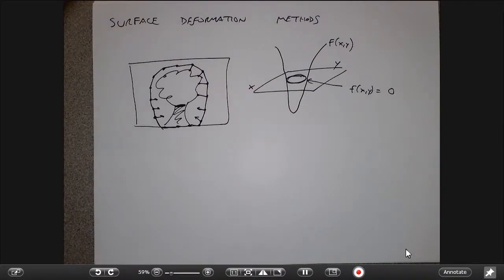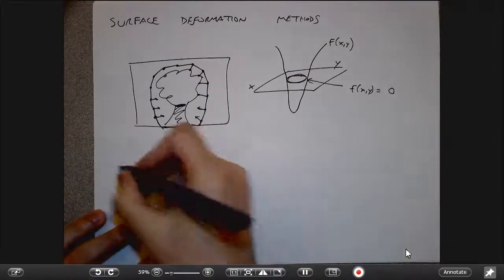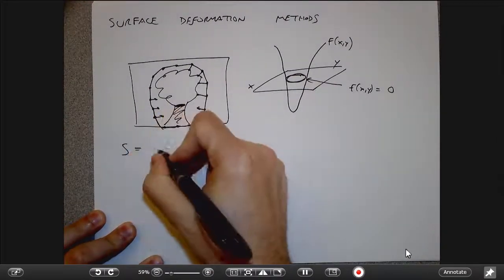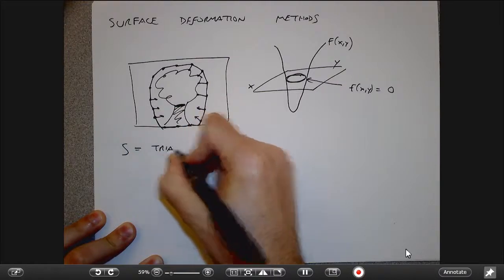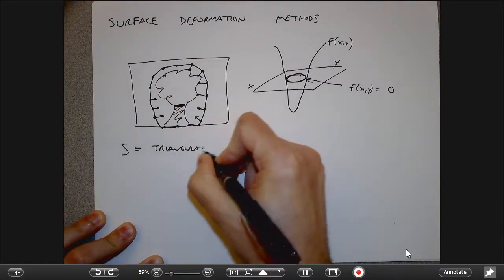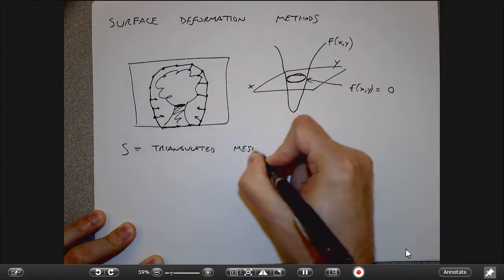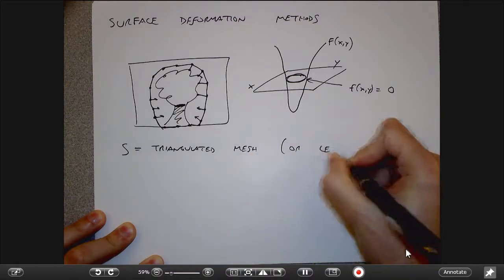And then you start to deform the vertices of those triangles until it wraps around the 3D object that you're trying to segment in the world. And so what you need is basically some sort of a cost function that says, S is some sort of, for example, triangulated mesh, or a level set version of that.